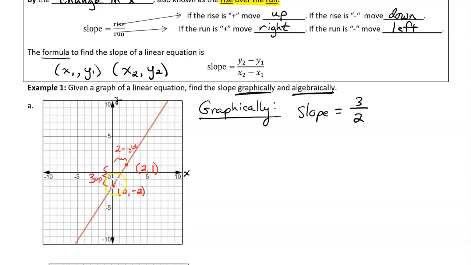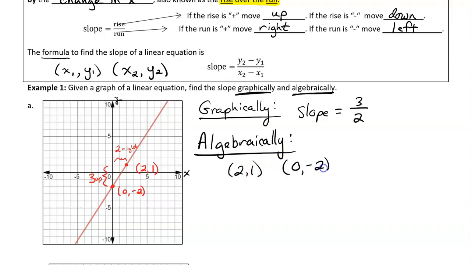Now, it won't always be that nice to identify those points, right? Sometimes we need to use the formula. That's why it's nice that we have the formula available to us. So let's see if we get the same answer algebraically. From my ordered pairs that I picked, I'm going to have here 2, 1, and 0, -2. If you need it, just because there's a lot of numbers floating around, label your x1, y1, and your x2, y2.